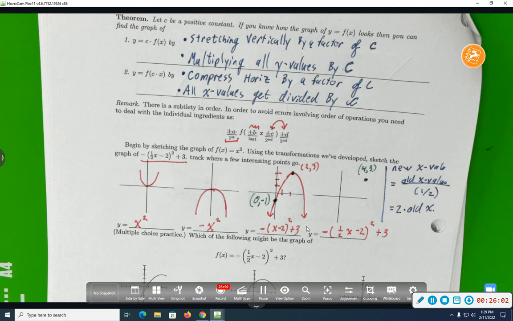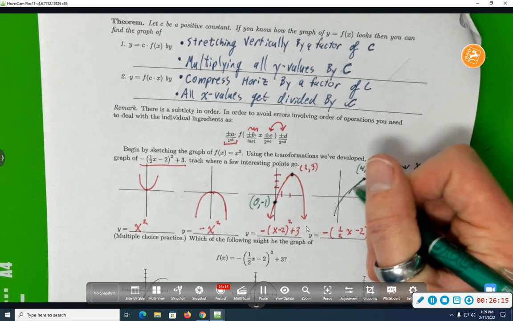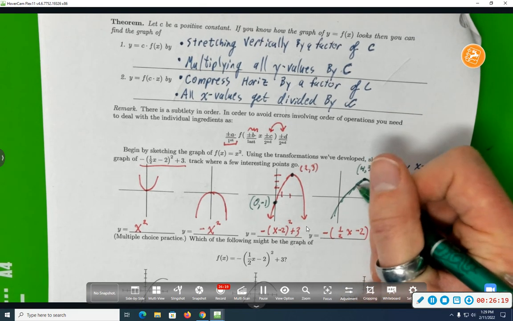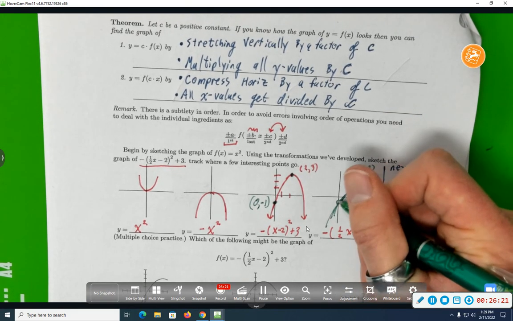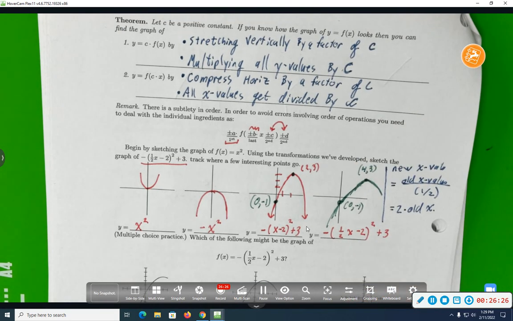What happens to that when you double the x-coordinate? Nothing, right? 0 times 2 is still 0. Maybe that looks a little bit sharper than you would like. (0, -1). Groovy. How do people feel? Does that seem pretty okay?